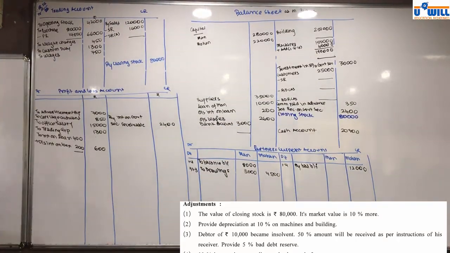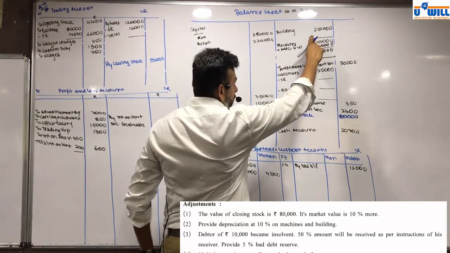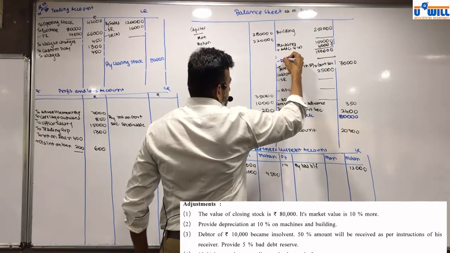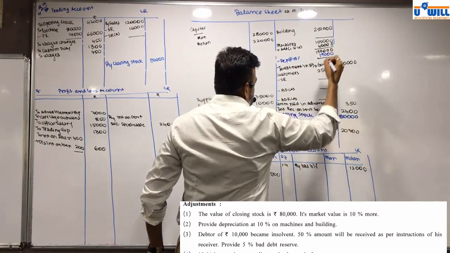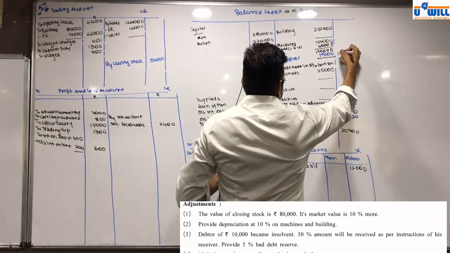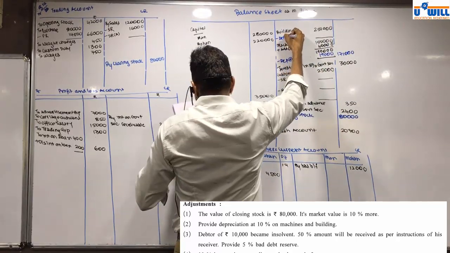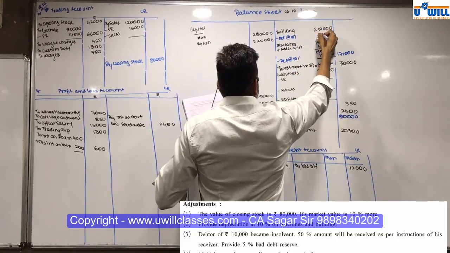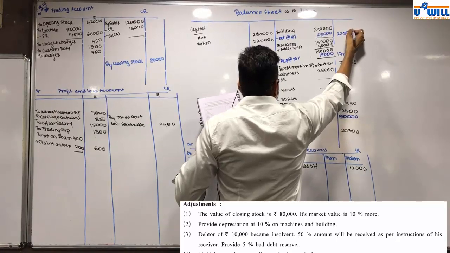Provide depreciation 10% on machine. Now machine 1,50,000 from beginning and 40,000 also from beginning. So minus depreciation at the rate 10%, 19,000. So 1,71,000. Building also minus depreciation at the rate 10%, 25,000. 2,25,000.